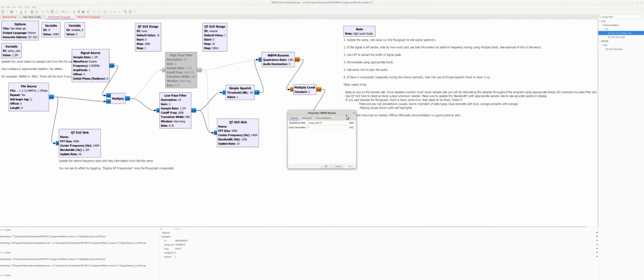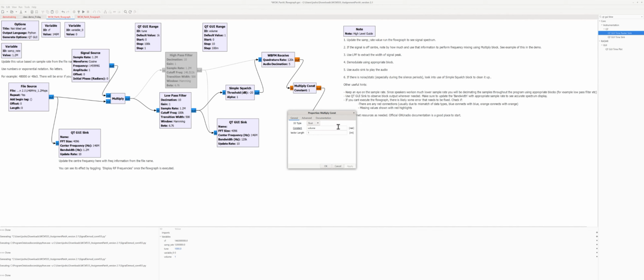Furthermore, we decimated it more at the wideband receiver, so that we can reduce it to a level that can be heard on computer speakers. By reducing it by 5, the output is going to be 24 kilohertz, which is the reason why we have gone for 24 kilohertz as our audio sink.